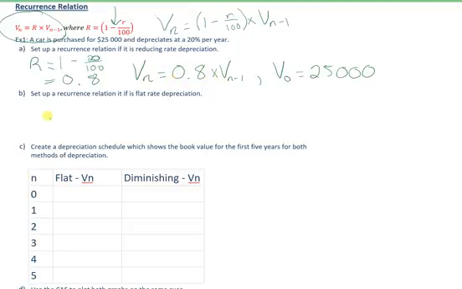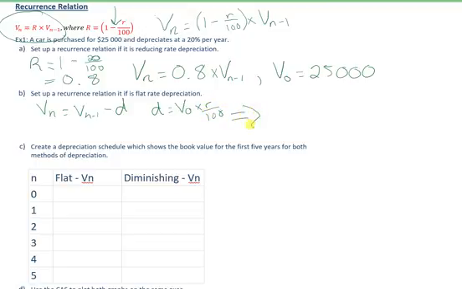Now part B says, what if it was flat rate depreciation? How much am I going to be losing each year? And remember, it's going to be the exact same amount every year. Quick refresher for this one: Vn is Vn minus 1 minus D, where D is the amount that we're losing. D was V0 times R over 100.